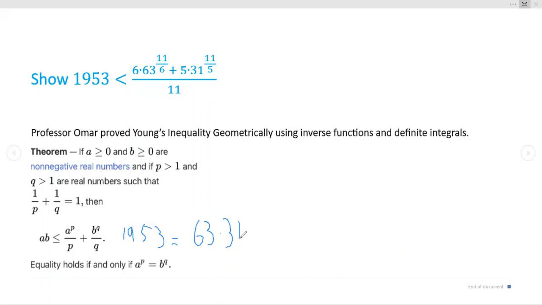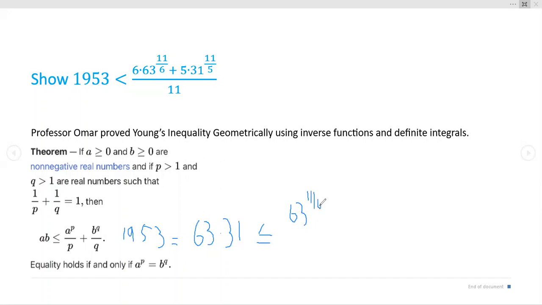But you'll notice if you just use this result right here, that's going to be less than or equal to 63 raised to the 11 over 6, excuse me.